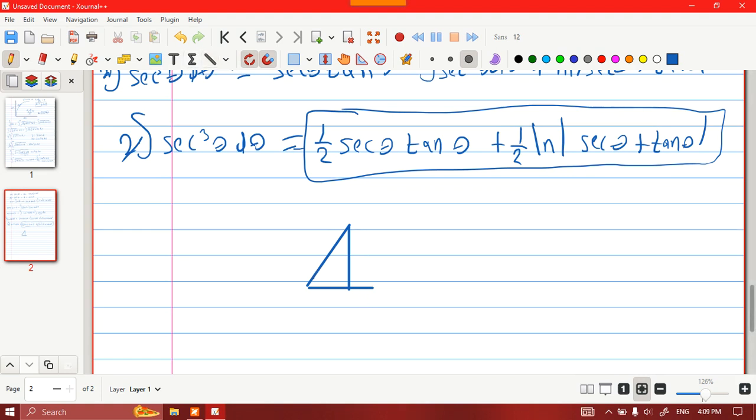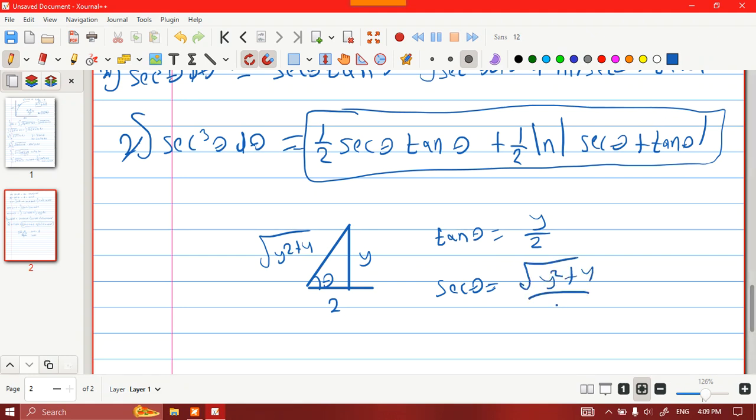This is theta, y divided by 2. This is square root of y squared plus 4. Tangent theta will equal y over 2. Secant theta, it is the opposite of the cosine theta, which is square root of y squared plus 4 divided by 2.